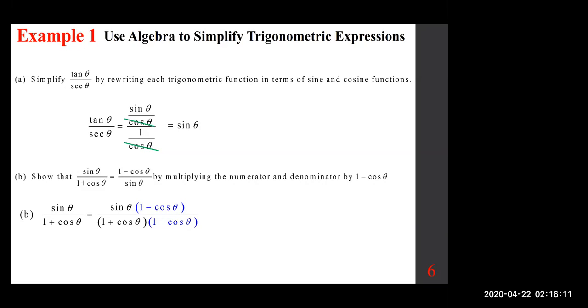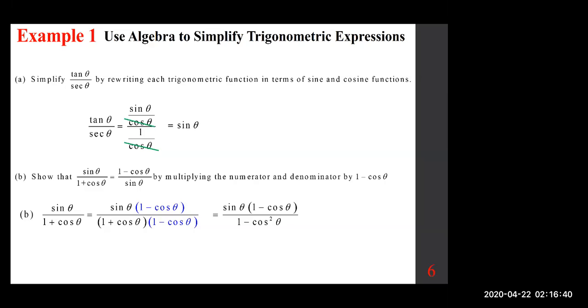So what happens? Does the bottom become sine squared? Very good. So the top is sine theta times 1 minus cosine theta, but the bottom is 1 minus cosine squared, right?